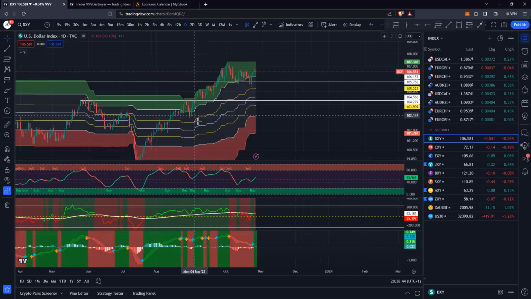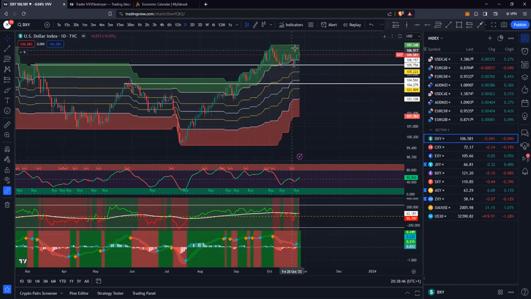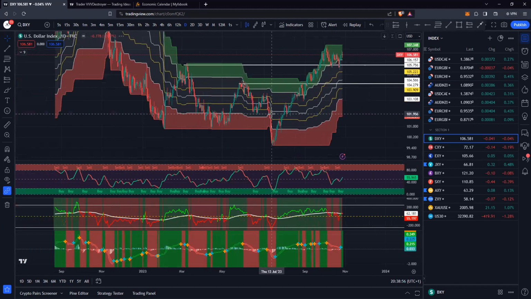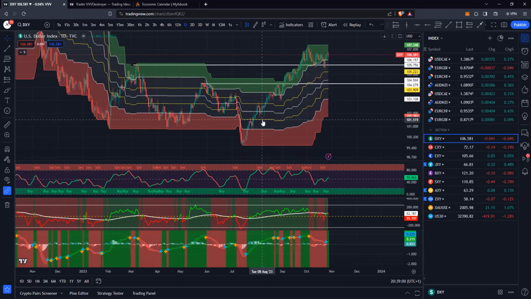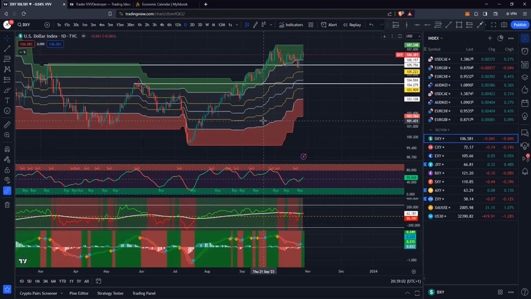Okay, but you see there is something, the sideways market is not too sexy, but here we are above the zero line. I prefer more the bull side of the DXY right now actually, but it should be nice to see a correction from the DXY.